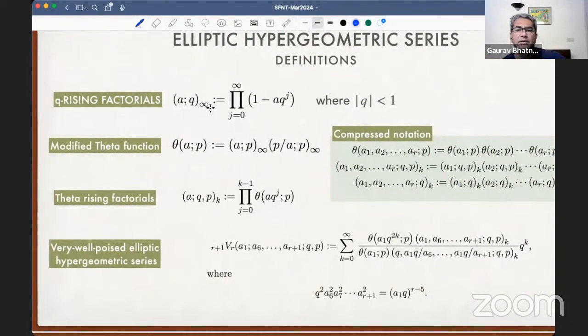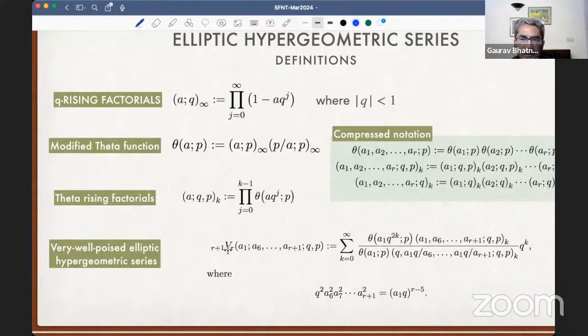Again, the q rising factorial is the same as before, the modified theta function is the same as before, and we define theta rising factorials like this. If p is 0, then this comes down to the q rising factorial, the product of 1 minus a q to the j. So it's 1 minus a, 1 minus aq, 1 minus aq squared, and so on. And we define very well poised elliptic hypergeometric series.